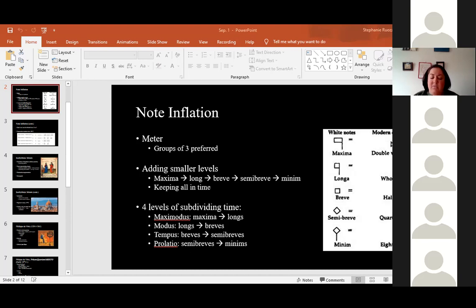So the notes start out with a maxima, then we have a long, then a short, then a semi-breve, so half of a short. Then we have a minim. So we can see what keeps happening is composers say, oh, not enough, I want to break that up further. So we go from having just longs and shorts to having maxima, long, short, semi-breve, minim. Does that make sense to everybody, how we get new levels of notes?